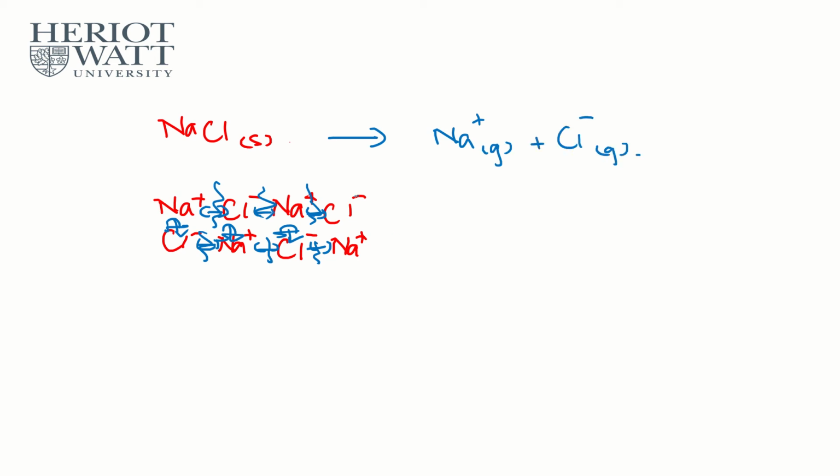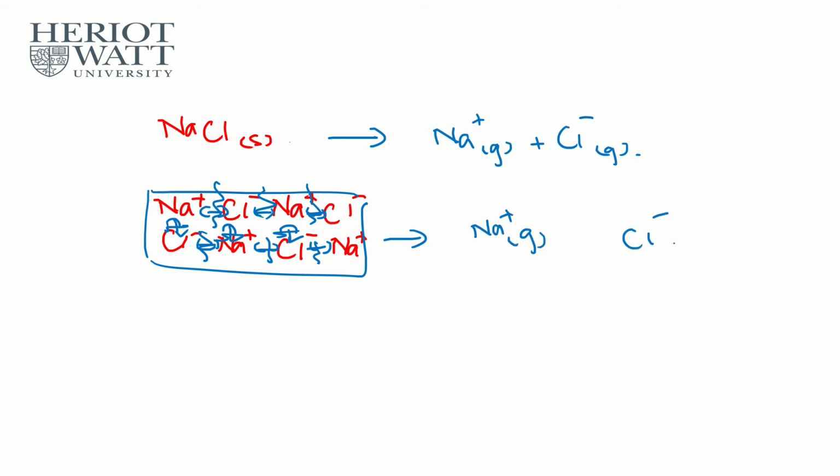So you are basically changing solid sodium chloride into individual sodium and chloride ions. And of course they are in the gaseous state, they should be in random motion. Alright, so in this process, while we change from solid into gaseous ions, we need energy to break the ionic attractions. And this energy, we call it lattice energy.